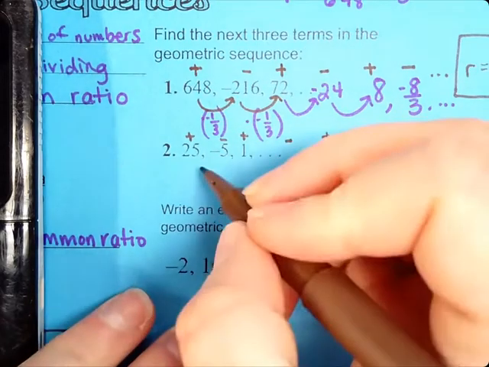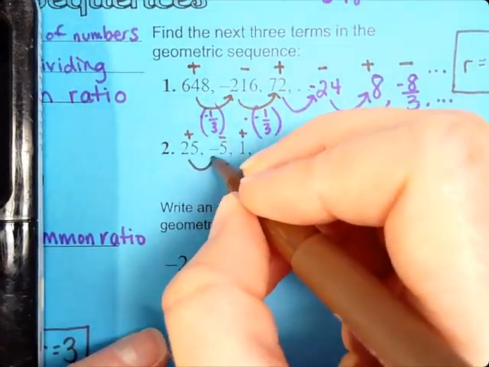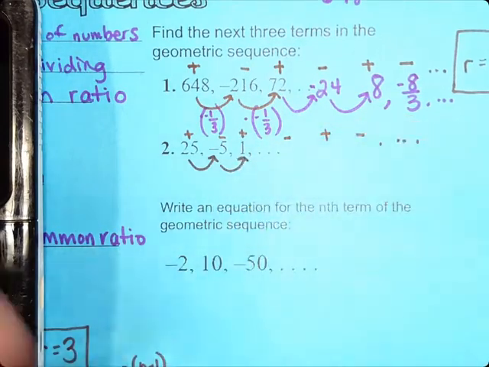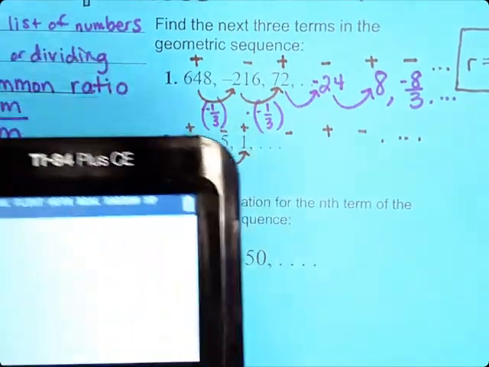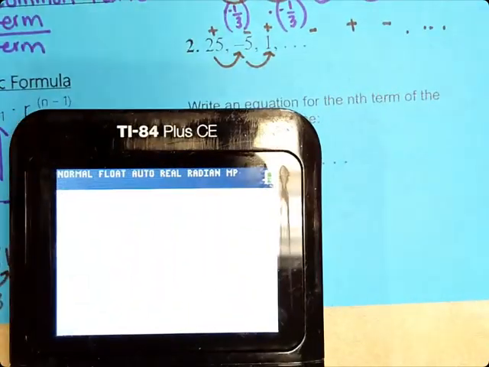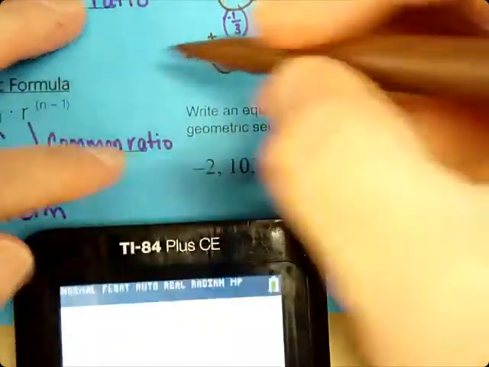So we need to find out what the pattern is. So to find the pattern, we're going to do our second term divided by our first term. So this, I'm going to write over here.